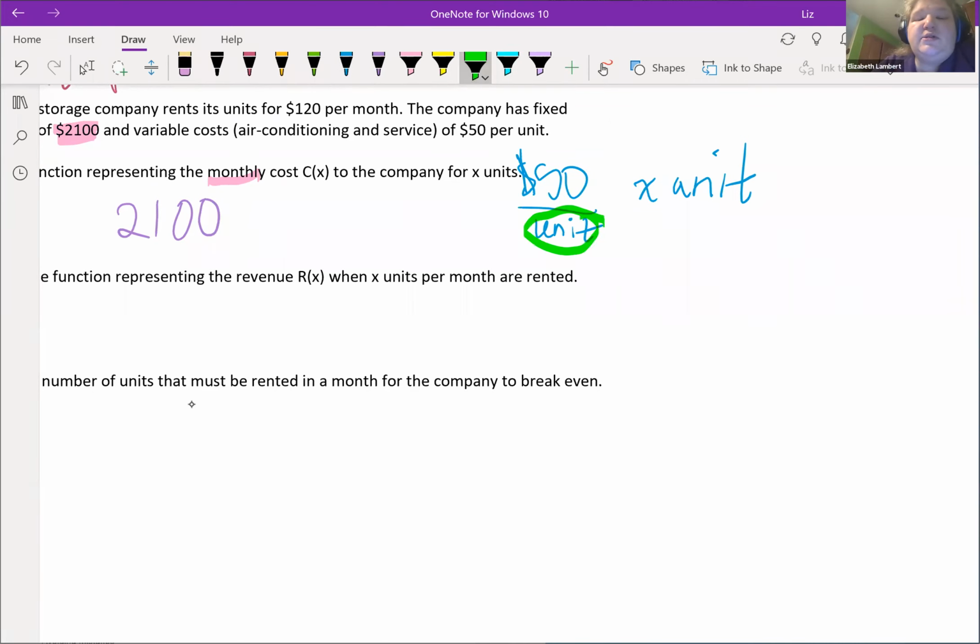So you see how units on the bottom, units on the top. If I multiply those, they cancel, and I'm left just with money. Over here, my 2,100 is straight money. If I add these two together, it's my total money for cost. So I'm going to do 50 times X and add that to the 2,100, which we could just write as 50X.